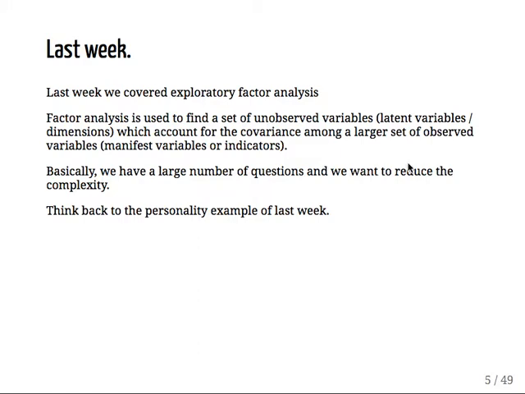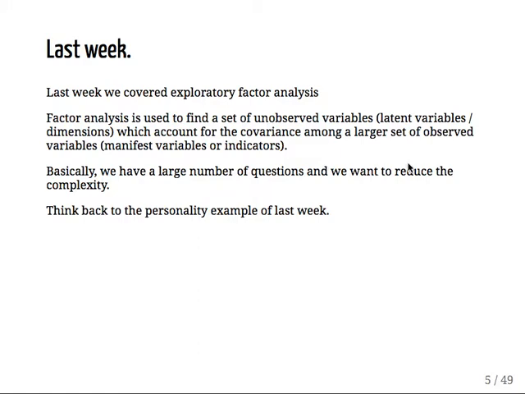So last week we covered exploratory factor analysis, and you remember that factor analysis is used to find a set of unobserved variables, or latent variables, or dimensions. We had the example of personality, so we don't measure personality directly, we use a questionnaire, and that sort of reveals the big 5 or the big 6 or the big 2, depending on which school you're in. The idea is that they account for covariance among a larger set of observed variables, so that using these items, we can, for example, measure introversion and extroversion by using a set of those items.